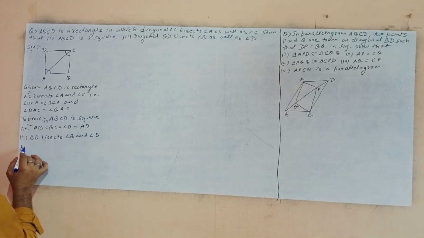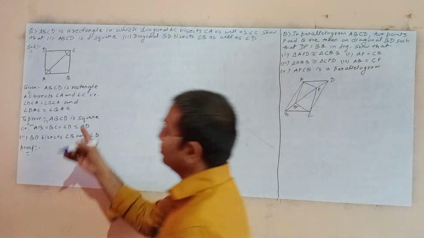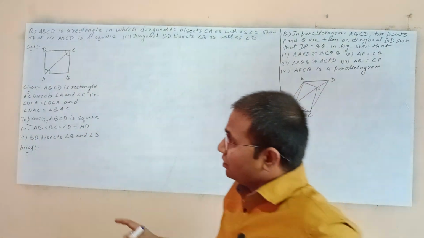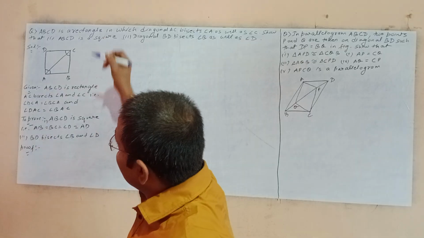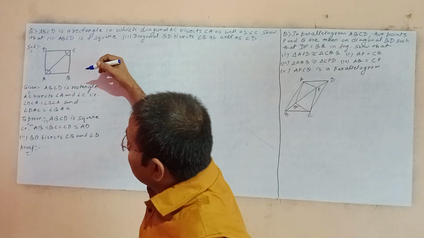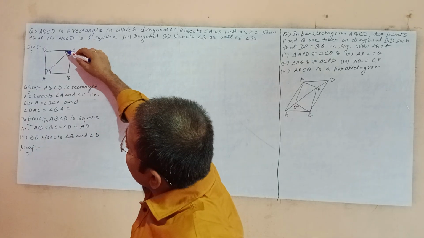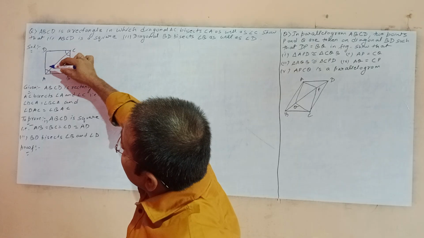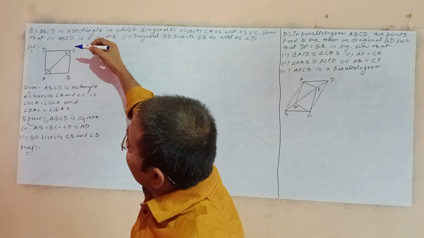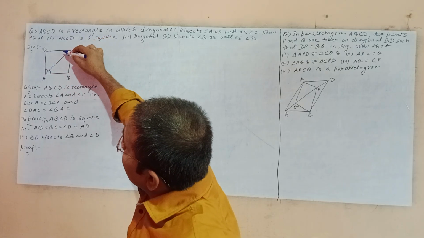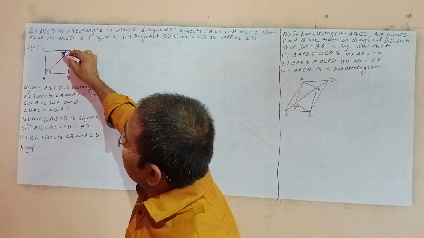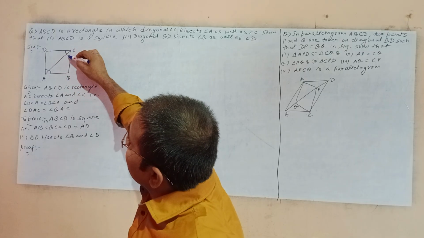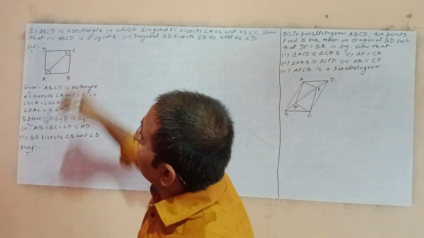Now the proof is started. See here, you have to prove this. This angle is equal to this angle, and this angle is equal to this angle, both being alternate angles.